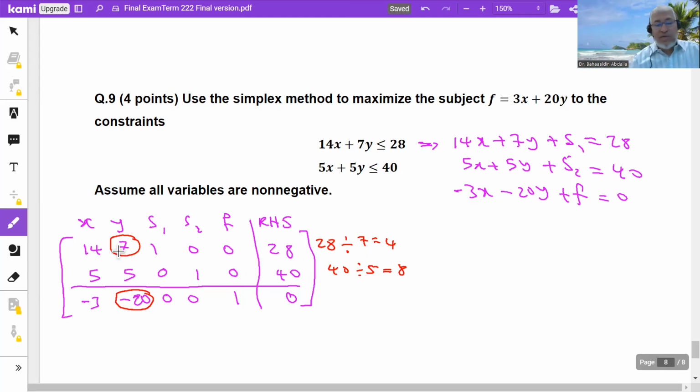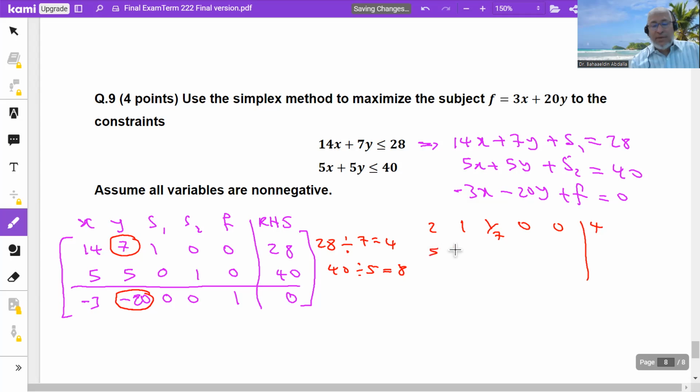So what do we do? First, we start by dividing by 7. So I'll have 14 over 7, that's 2, and then 1 over 7, 0, 0. 28 over 7, that's 4.